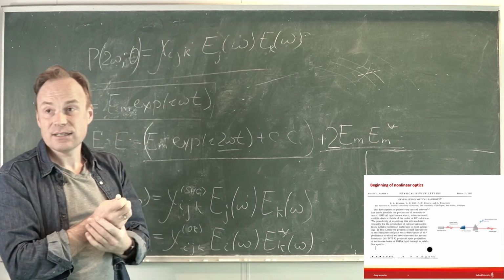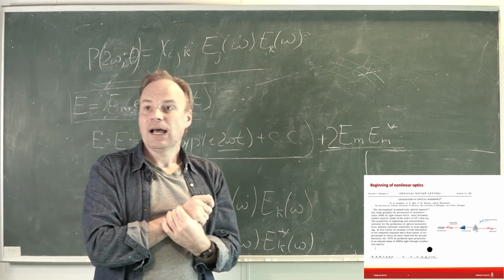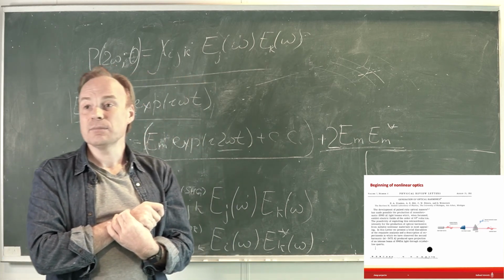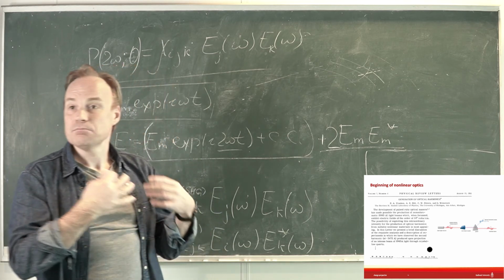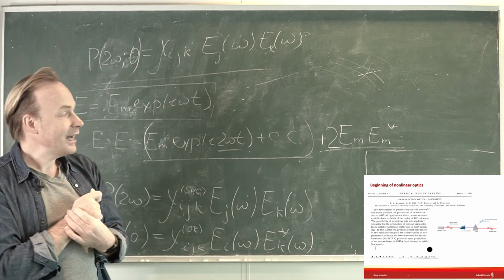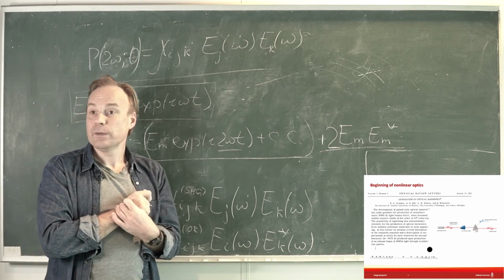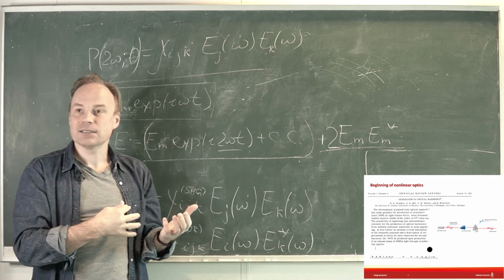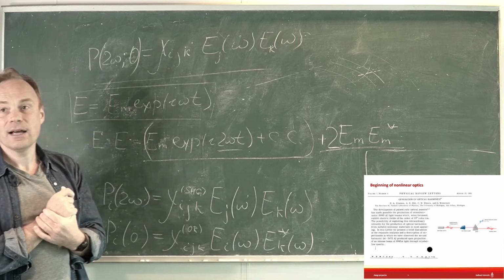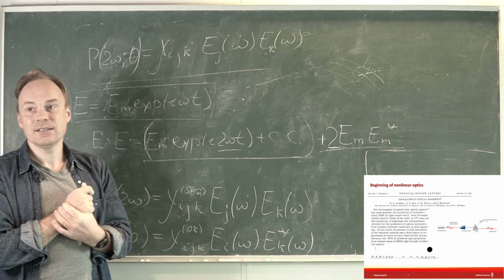Then they shine this light on the sample, and then they put a prism, expecting that light at the frequency omega, which will be the majority of light coming after the sample, will be refracted in one way, and there is a very small part at the frequency 2 omega, which would be refracted in a different way.